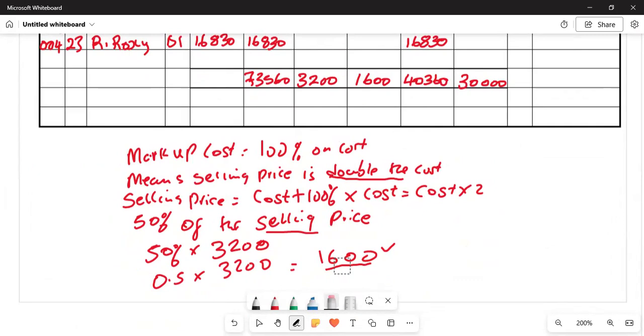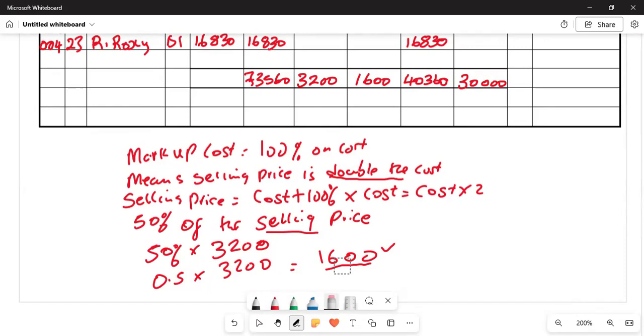Also, we are going to again do cost of sales. If you still remember, for the 18th we sold goods on credit to Roxy, costing 16,830.